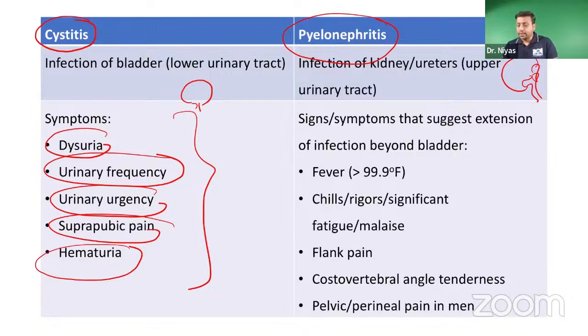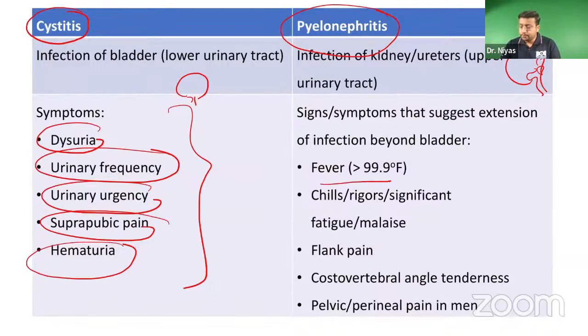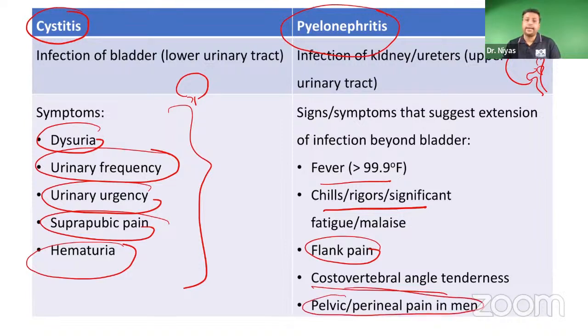On the other hand, patients with pyelonephritis, apart from the symptoms of cystitis, will also have features that suggest infection has extended beyond the urinary bladder, which includes fever, chills, rigors and significant fatigue or malaise, flank pain, and on examination, you may get costovertebral angle tenderness, and also you may get pelvic or perineal pain in males. So that is pyelonephritis.